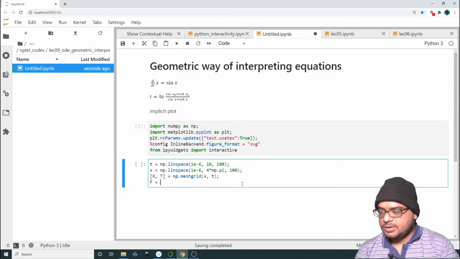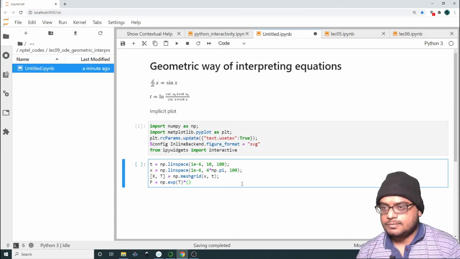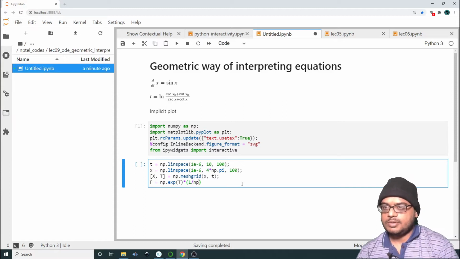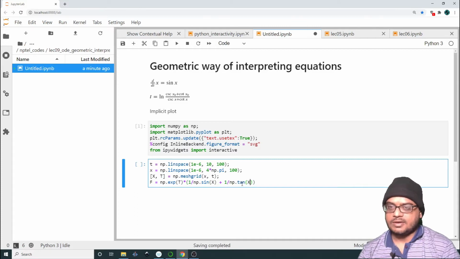So it will be np dot exponential of time minus this entire expression, or in fact, I can multiply it as well, times 1 upon np dot sine x plus 1 upon np dot tan of x.